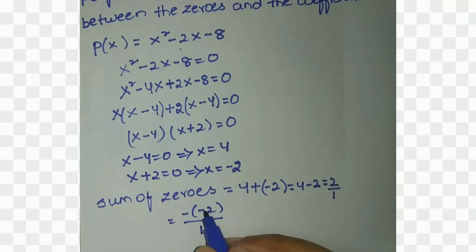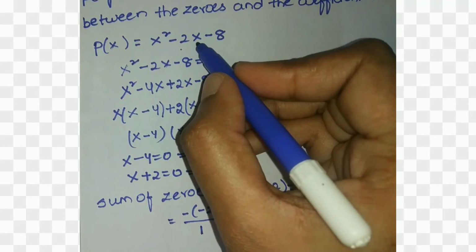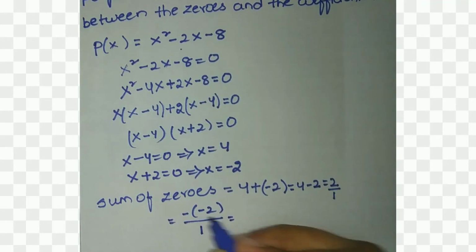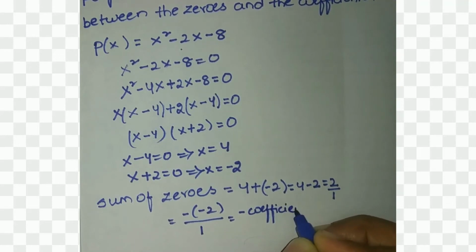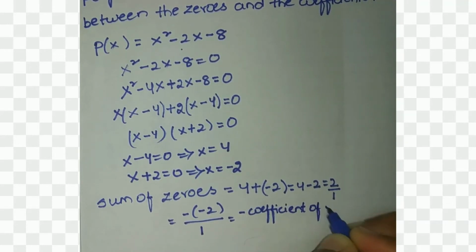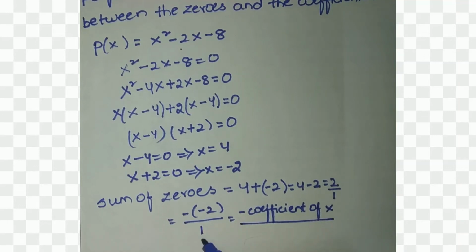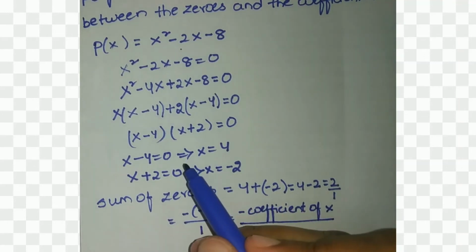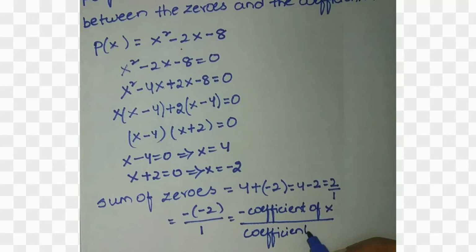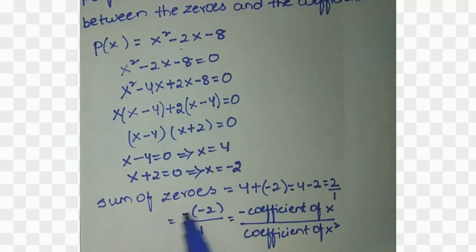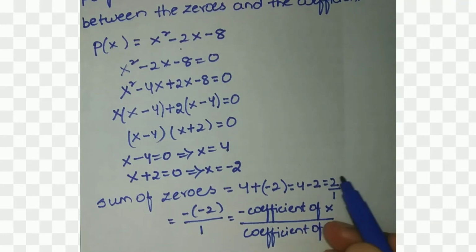Here minus 2, which is nothing but the coefficient of x, right? So we can write this as minus of coefficient of x, and 1 is nothing but the coefficient of x square. The sum of zeros is nothing but 2.